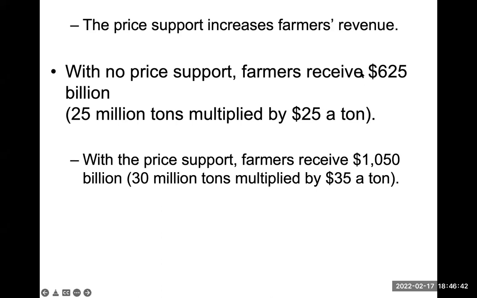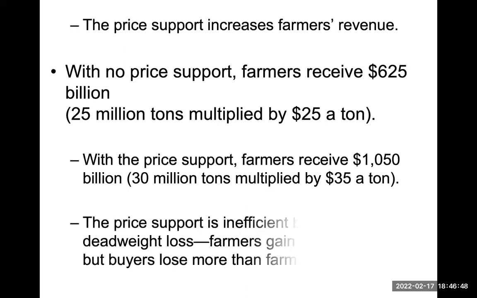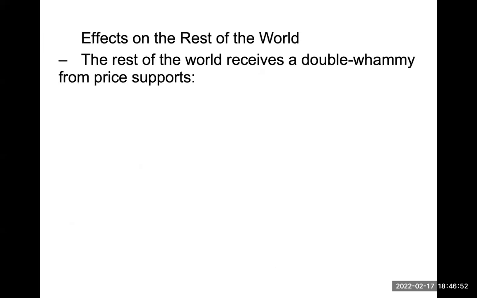Within this comparison, we can easily find what we mean by the subsidies loss and what the inefficiency of this is. We all understand this would bring effects on the rest of the world. So the rest of the world would receive a double whammy from the price support.